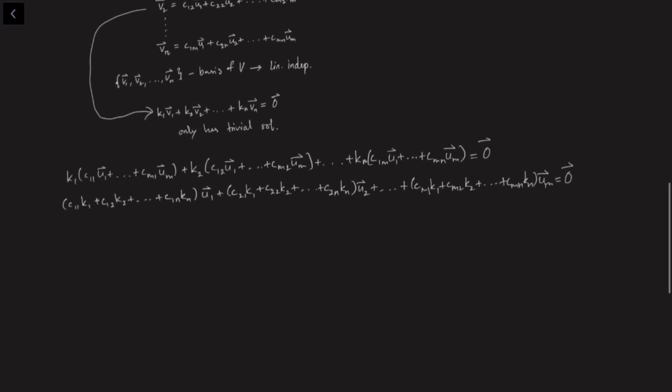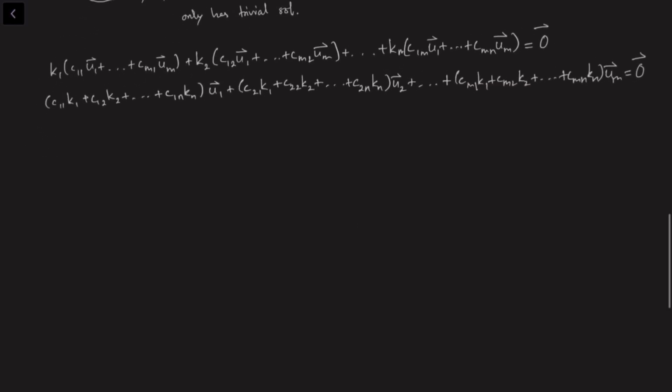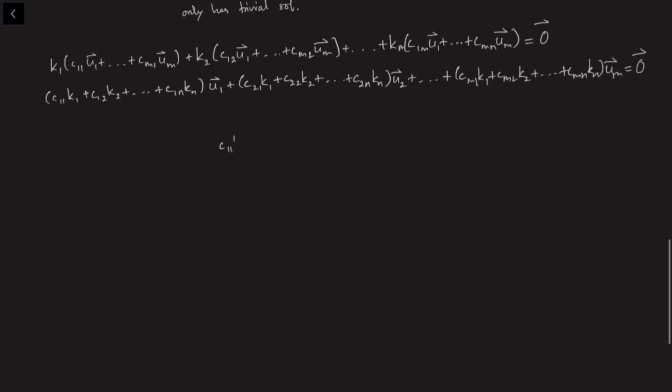And from this equation we can get another system of linear equations, right? So the system of linear equations will look like c11 k1 plus c12 k2 plus c1n kn equals 0. c21 k1, c22 k2, c2n kn equals 0.